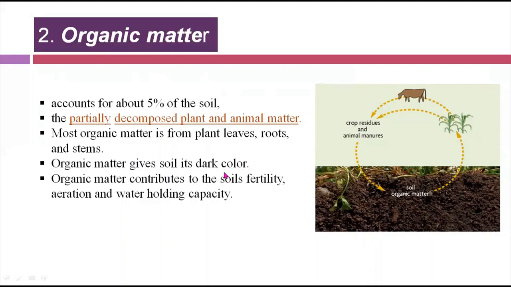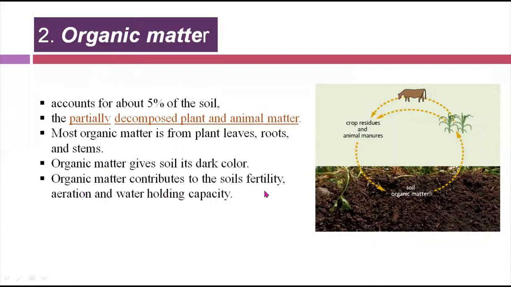So once you find the dark color in the soil, you can guess from that the soil has more organic matter. यानी कि अगर किसी भी soil में organic matter ज़्यादा होगा तो उसका मकसद ये है कि उसमें organic matter ज़्यादा है.